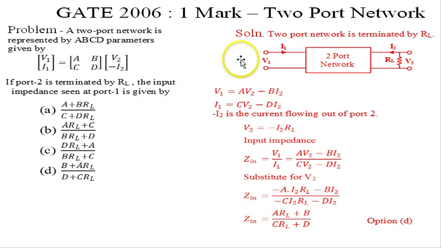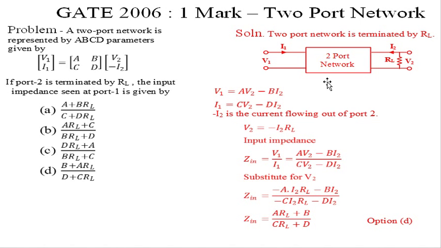Now, the solution to this problem: we have redrawn this two-port network here. I1 and V1 correspond to port 1, and I2 and V2 are the current and voltage at port 2, which is terminated by resistance RL.